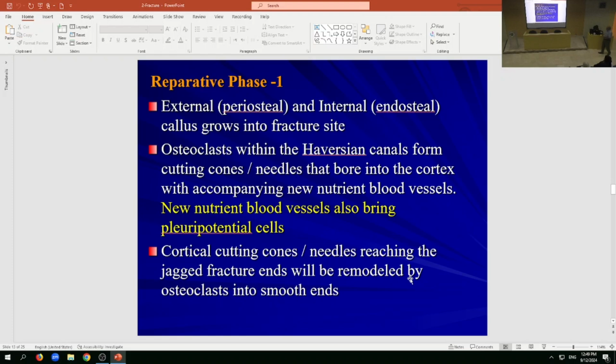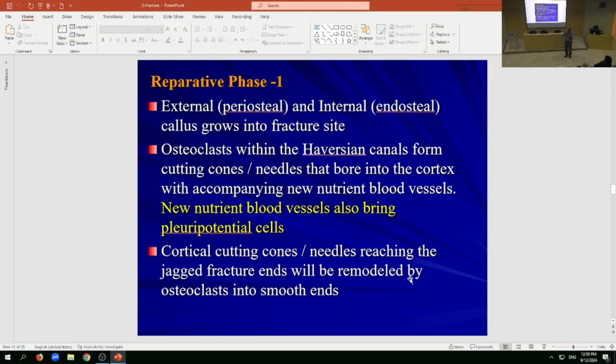reparative phase. In this reparative phase, there is the external, which is the periosteal, and the internal, which is the endosteum. If you cut a bone, inside it is the medullary cavity, and outside it is the cortical bone.